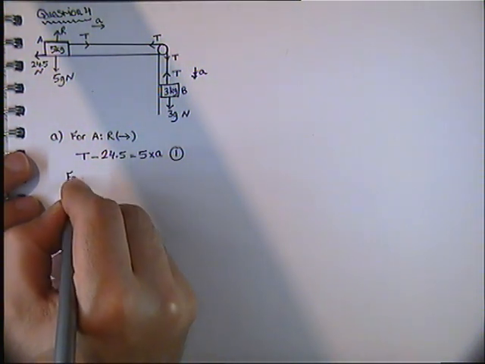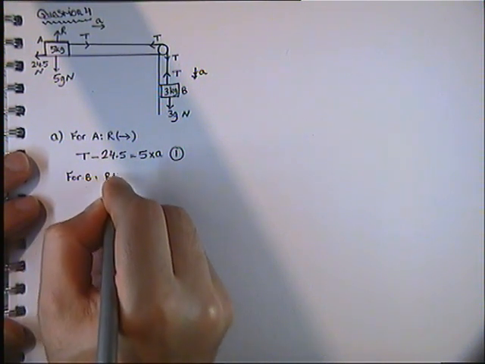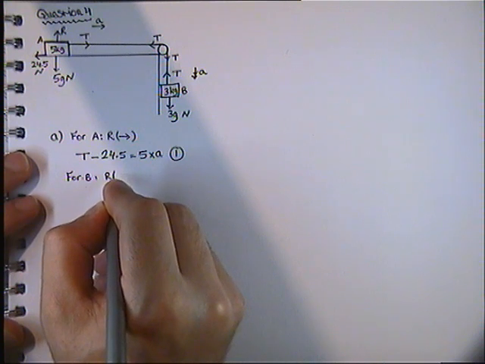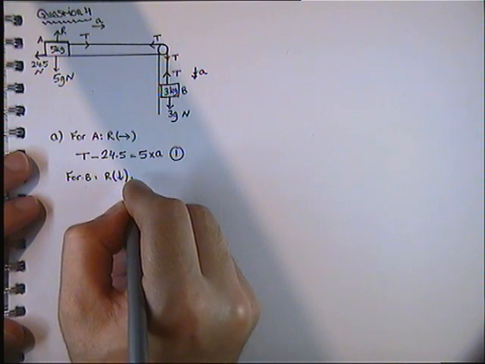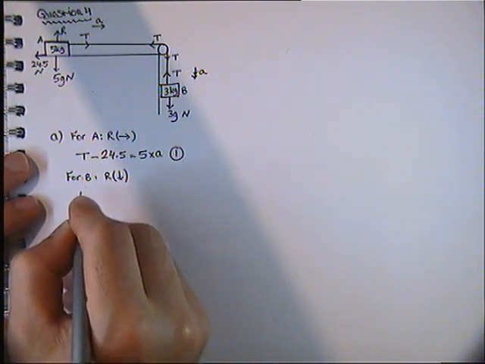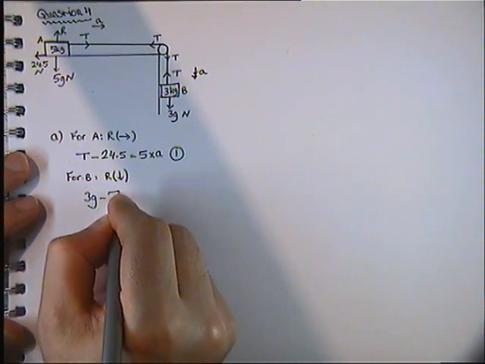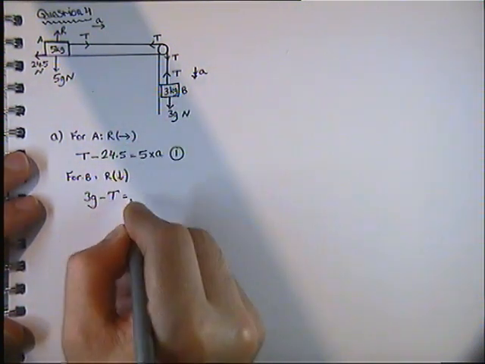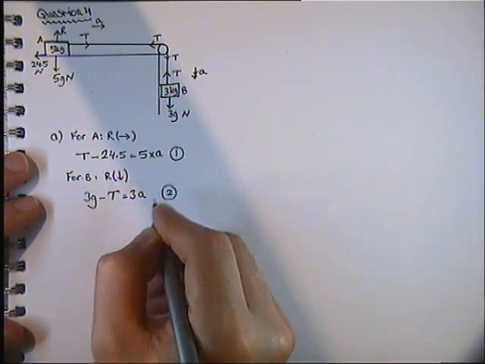For particle B, the forces are vertical and downward is positive. Therefore 3g minus T is equal to mass times acceleration. Equation 2.